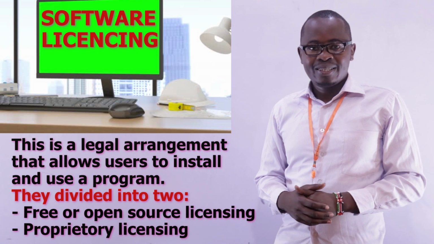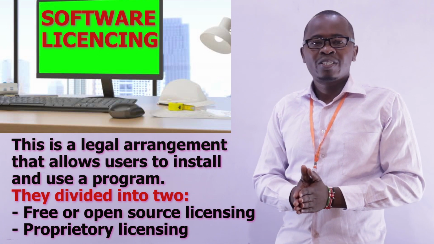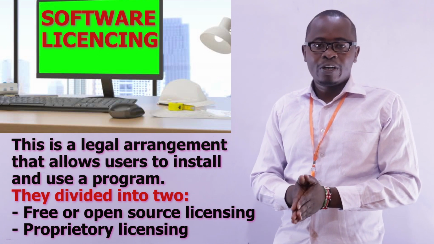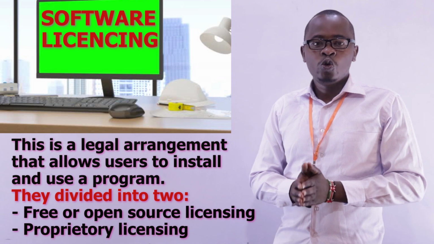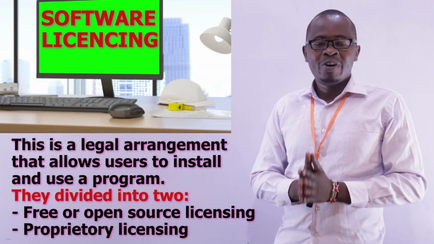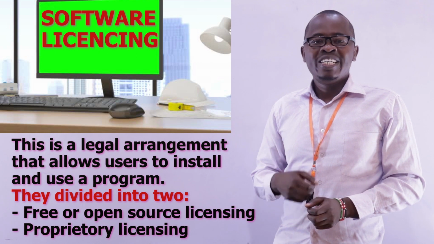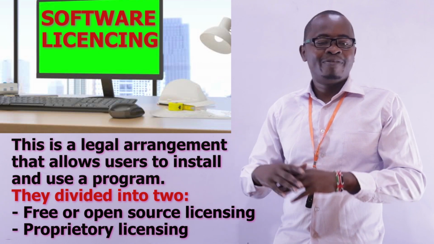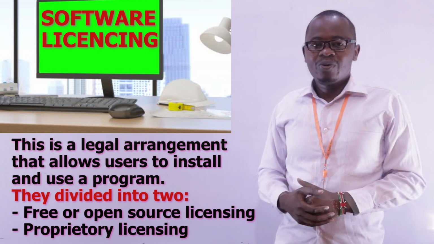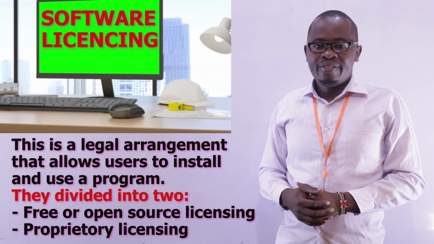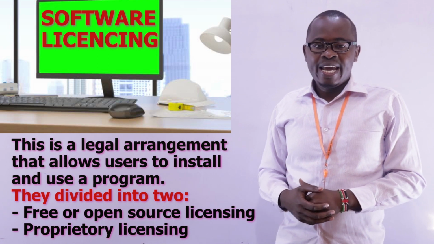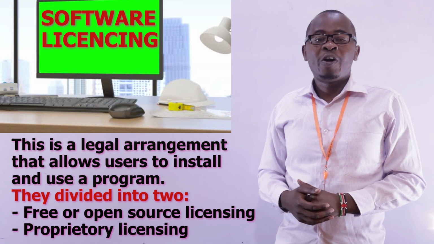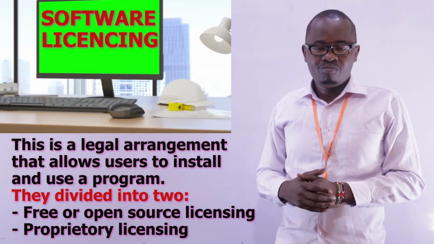Open source license, this one gives users the source code, which is used to modify or distribute the software under different circumstances. The second one is proprietary, and this one is marketed and distributed by the owners under a brand name.